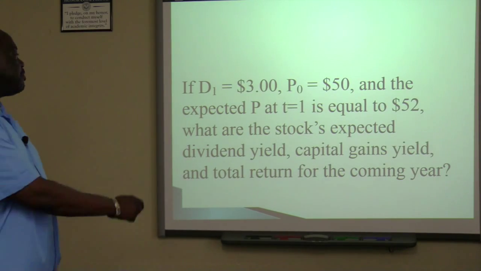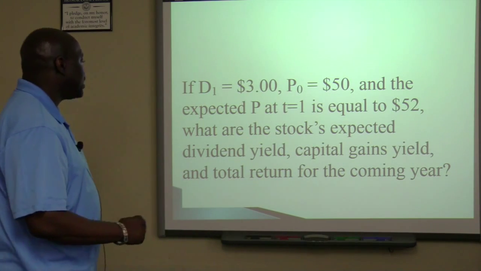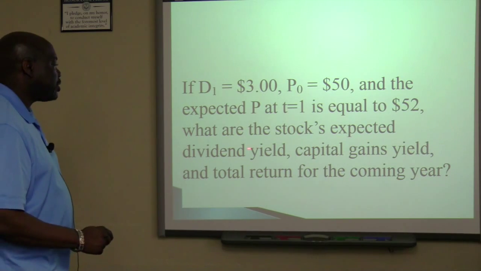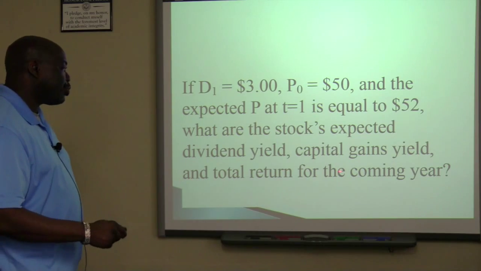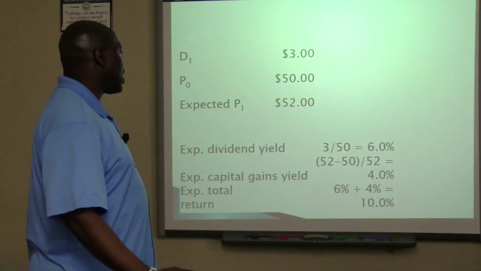If the dividend is $3 and the price is $50 and the expected price at T1 is equal to 52, what are the stock's expected dividend yield, capital gains yield, and total return for the coming year? We have everything that we need to figure out the problem.